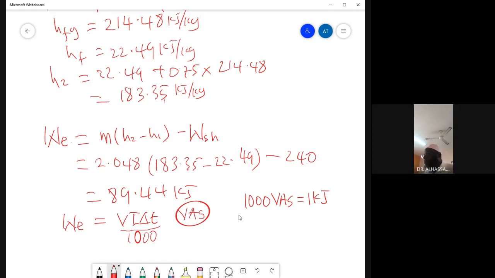Yes, this is correct, so 1 VAS is equivalent to 1 kilojoules divided by 1000. You understand me? So let me delete this part.